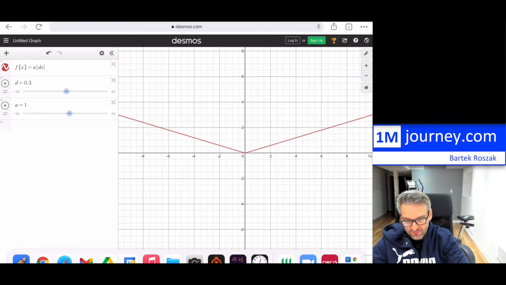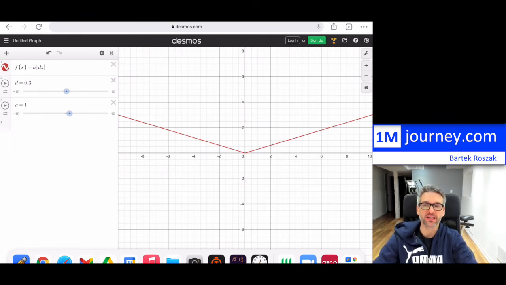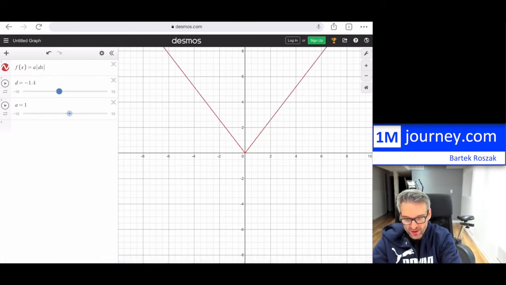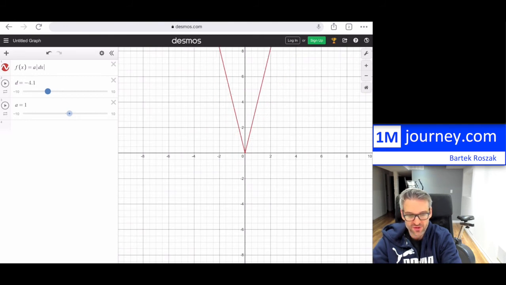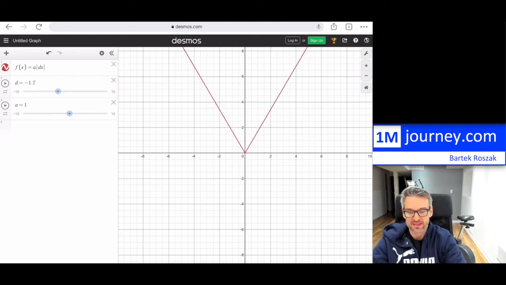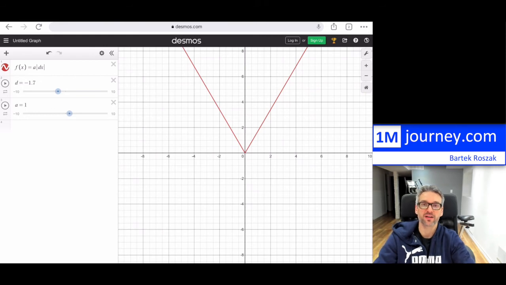Now, if the D is negative, it actually doesn't matter. We would typically have a reflection in the Y, but because our parent function is symmetrical and we have the absolute value, the negative gets canceled off. If I go in this direction and it's negative, it still does exactly the same thing as if it was positive, because the absolute value cancels out the negative and you only take in positive values.